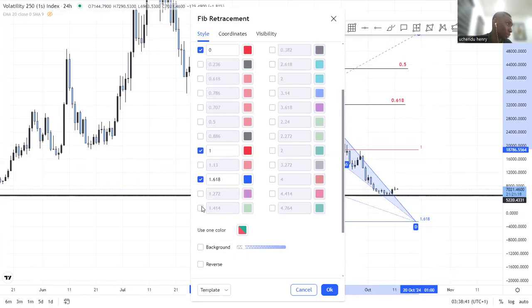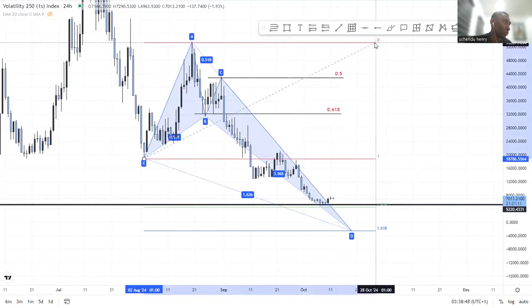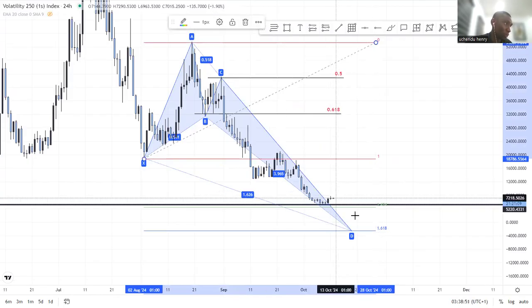1.272, 1.414. This place falls within 1.414, and this is 1.618, which should have been the crab pattern, but this is 1.414. Now we can't have butterfly here because butterfly is 0.786 of the S to A measurement of the D point.